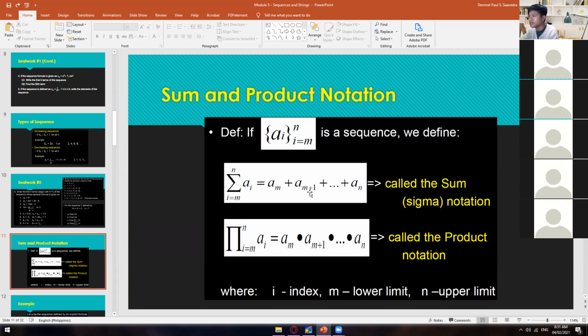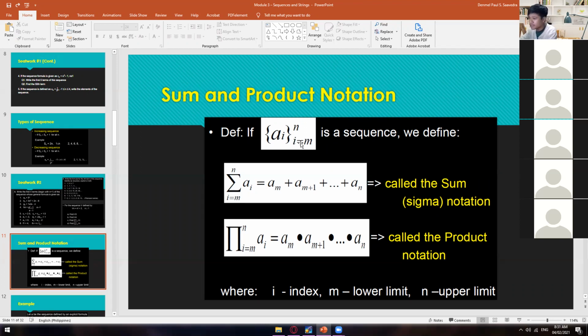If it's summation, then you have to get the sum of all of those given numbers. And if it's product notation, then you have to get the product of all of those given numbers. As you can see, i is equal to m, and then we have here letter n. So this is the range of the given formula.